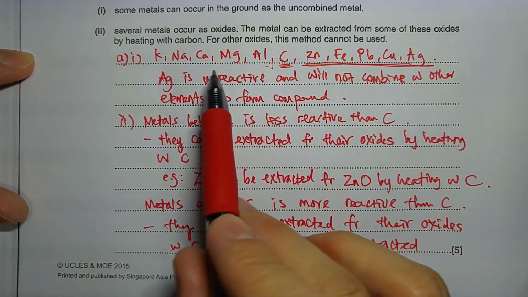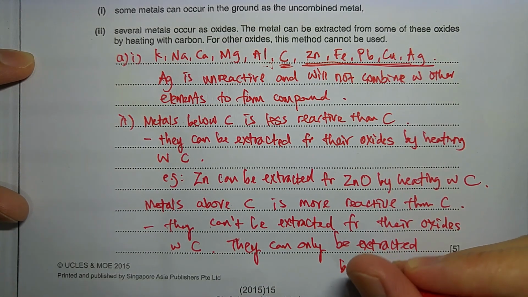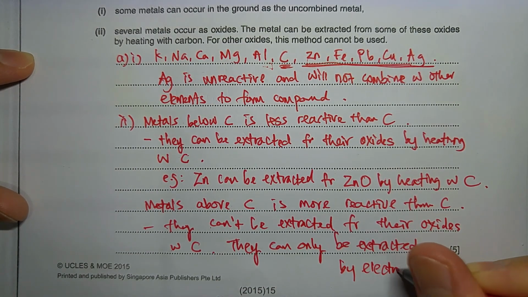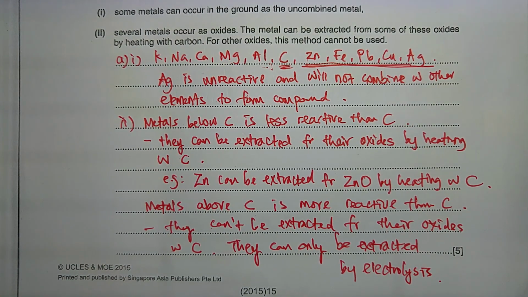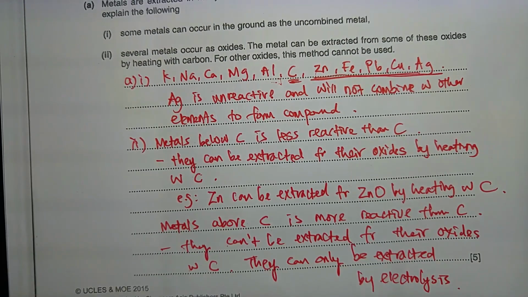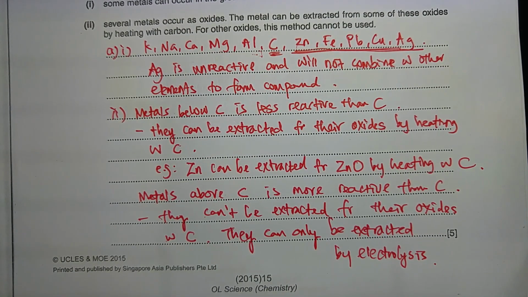So all these are, how do I extract, let's say magnesium from magnesium oxide? By electrolysis. Okay, so you need electricity, you need to pass electricity through it, then only the metal can be extracted. Okay, so that would take care of this 5 marks.